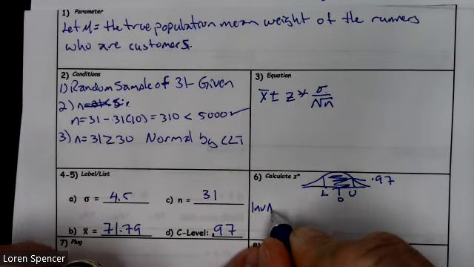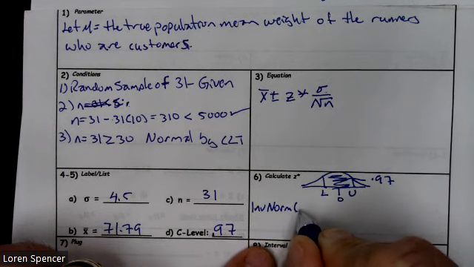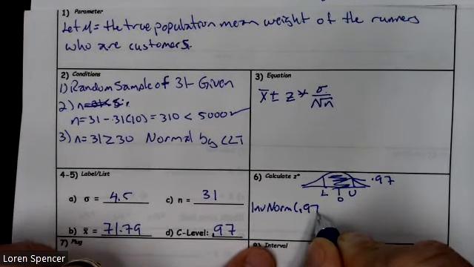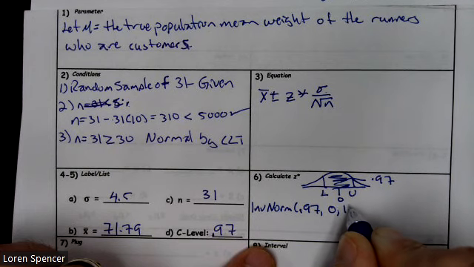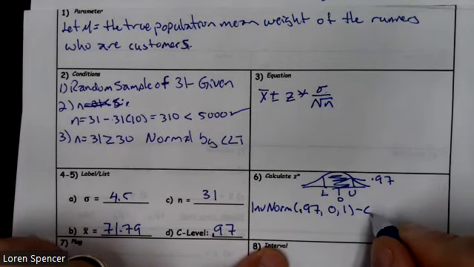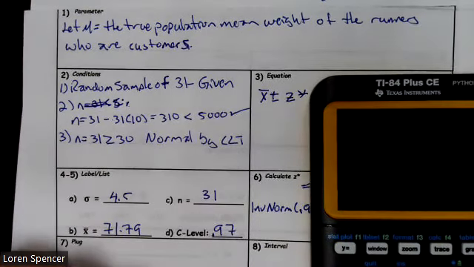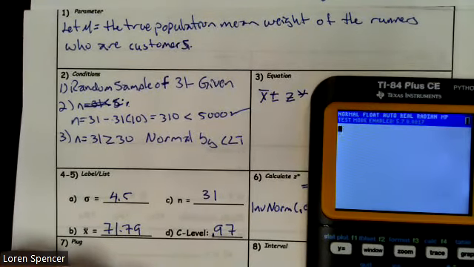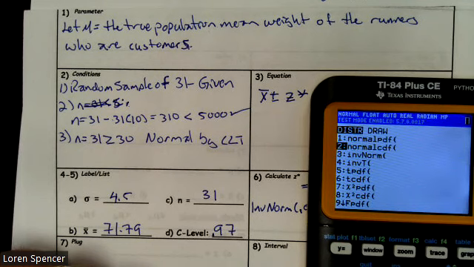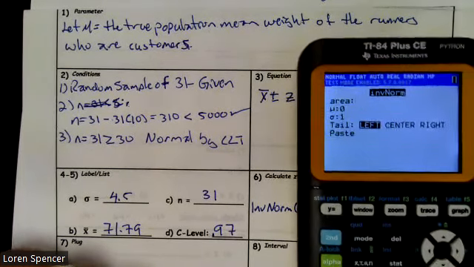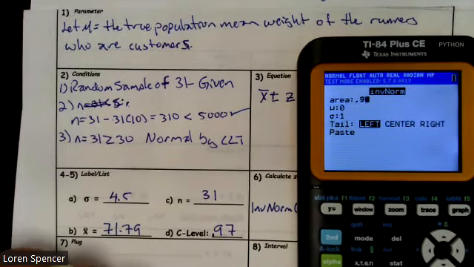So inverse norm, 0.97, and we're centered. Let's get our calculator out and see what that looks like. So 2nd Vars, inverse norm, area 0.97, mean is 0, standard deviation of 1.